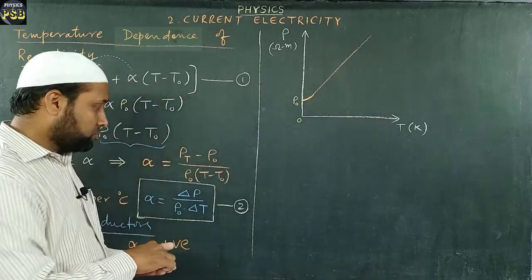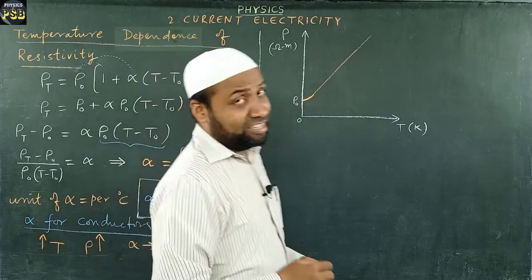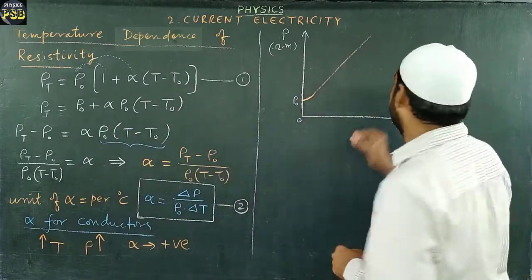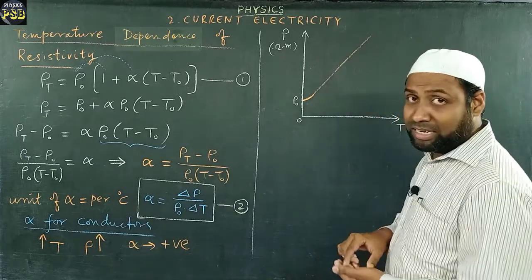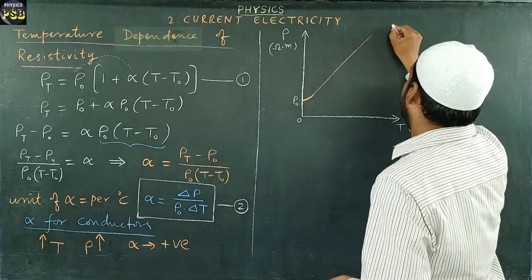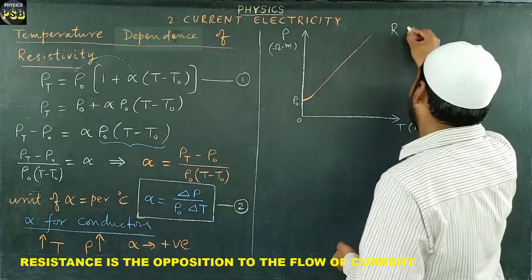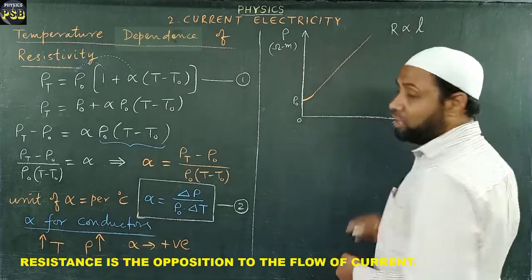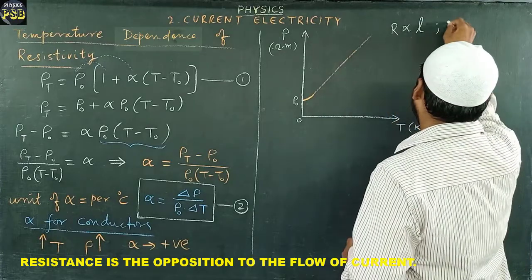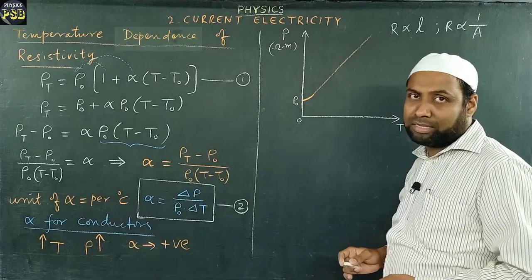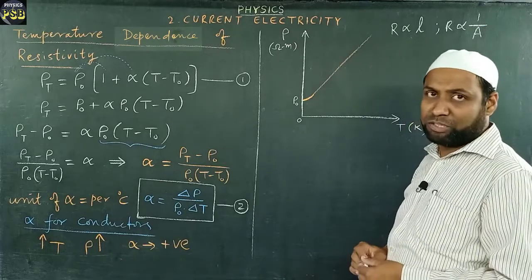We know resistivity depends on resistance. Now, we have already learned that resistance is directly proportional to length of the conductor and inversely proportional to area of cross section of the conductor through which current is flowing.